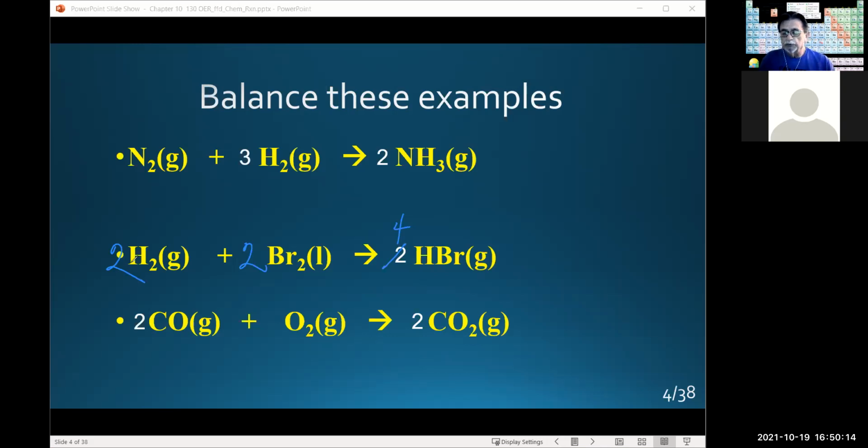But when you come up with your numbers, see if you can reduce them to the lowest numbers. Now, all these numbers, 2, 2, and 4, I can reduce because they're divisible by 2. And by doing that, that gets me to that. So always use the coefficients at the lowest numbers that you can use. Okay, kind of bring it to its lowest terms. That's how they say that in mathematics.